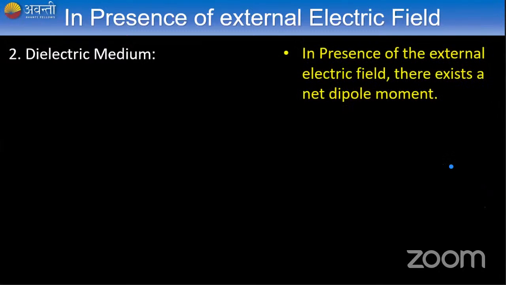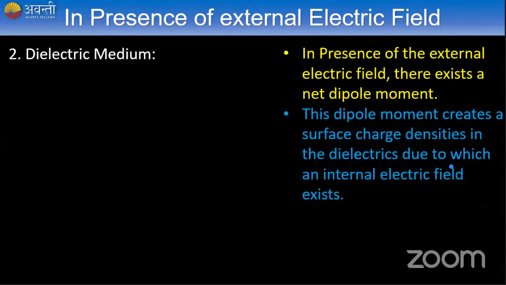So, a dielectric medium in the presence of electric field. In the presence of electric field, there exists a net dipole moment. This dipole moment creates a surface charge density in the dielectric, due to which an internal electric field exists.